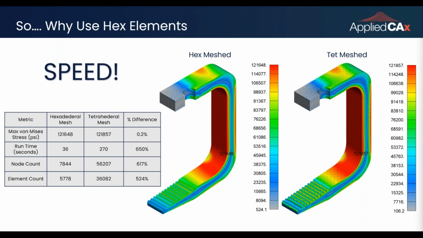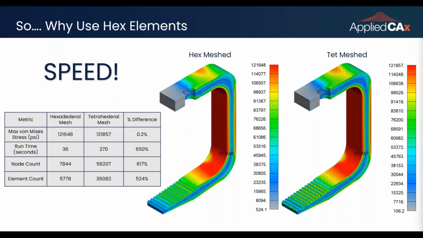Now, again, you're going to spend more time dividing this part up than you'd save, unless you're going to be doing this many times, or it's in a situation where you'll need to run it again and again and again. The reason it's so much faster is the node and element count.